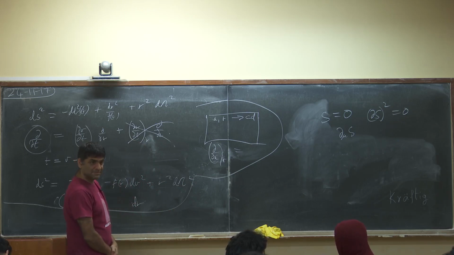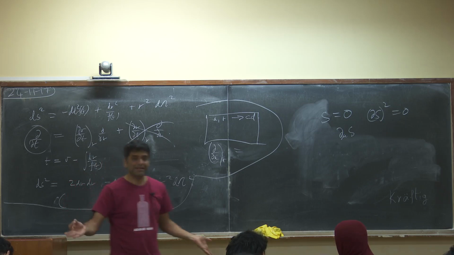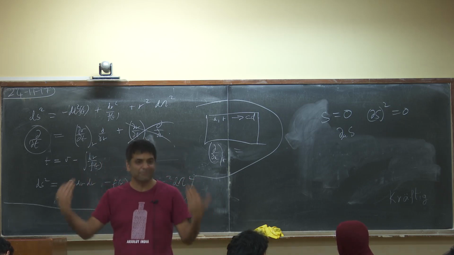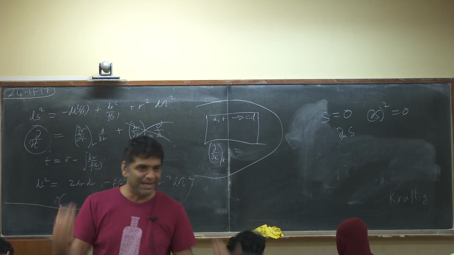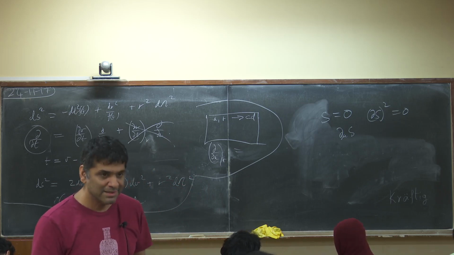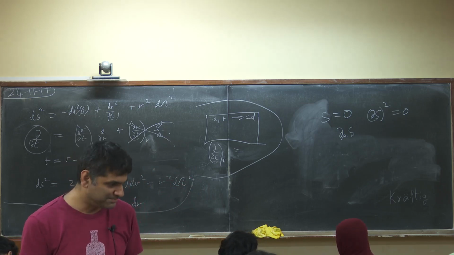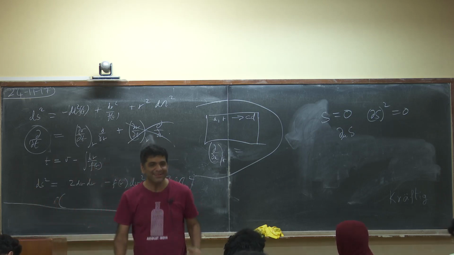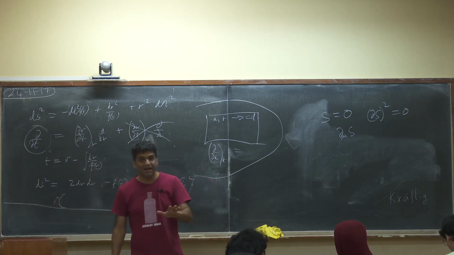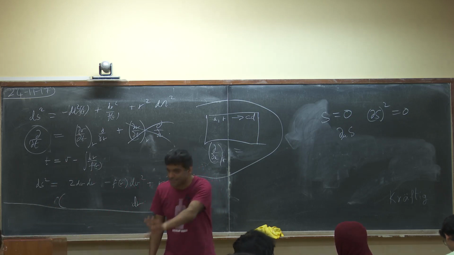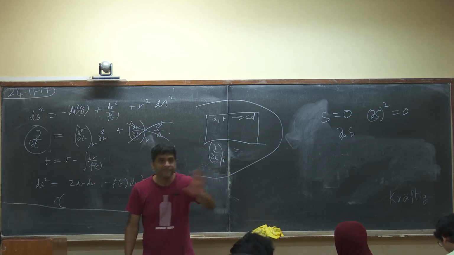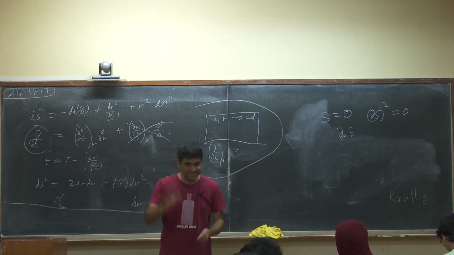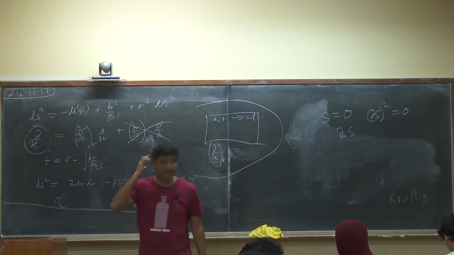Del by del theta is a Killing vector field, but it's not the distinguished one for this black hole, because when you take it and restrict to the event horizon, it does not agree with the generators of the horizon. So there could be zillions of Killing vector fields, or a few. But there's only one which, when restricted to the event horizon, agrees with the generators. This is distinct, up to overall constant.